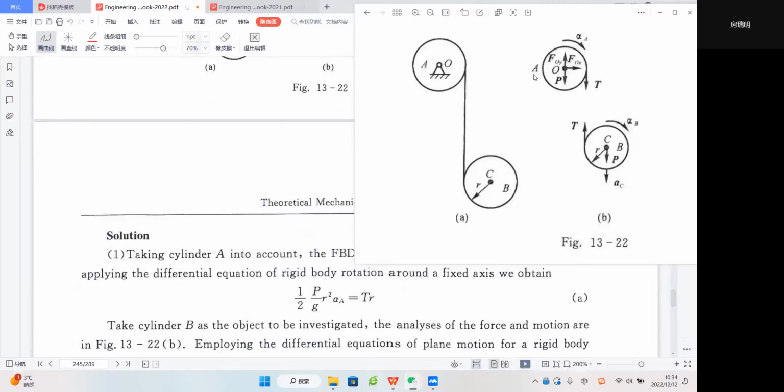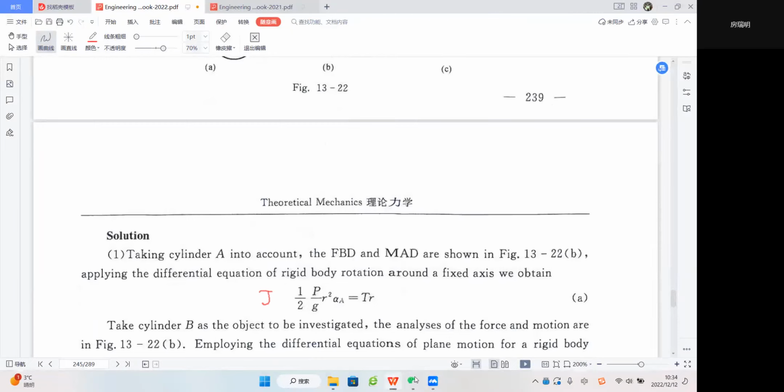So here, because for a body which has a rotation around a fixed axis, its dLO/dt just equals JO alpha. So we have here half PG, actually the M R squared is its JO, right? It's JO, and alpha A.